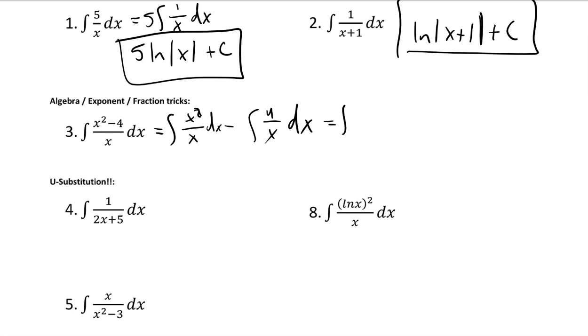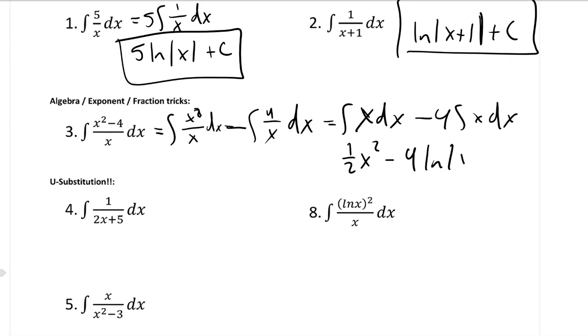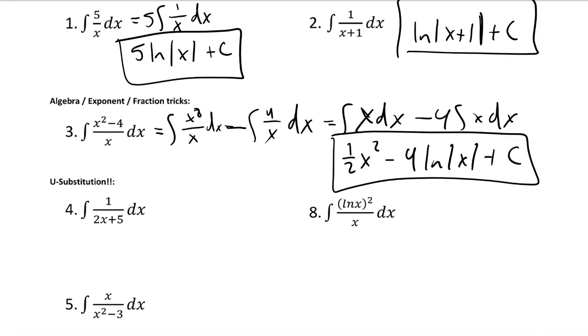And then we could simplify this integration to the left, and it would leave something that's easy enough to integrate. And then this over here, you would have to know how to integrate with natural logs. So this would be 4 times the natural log of the absolute value of x. So if you can rewrite it in some way and that makes it easier, then you should do that.